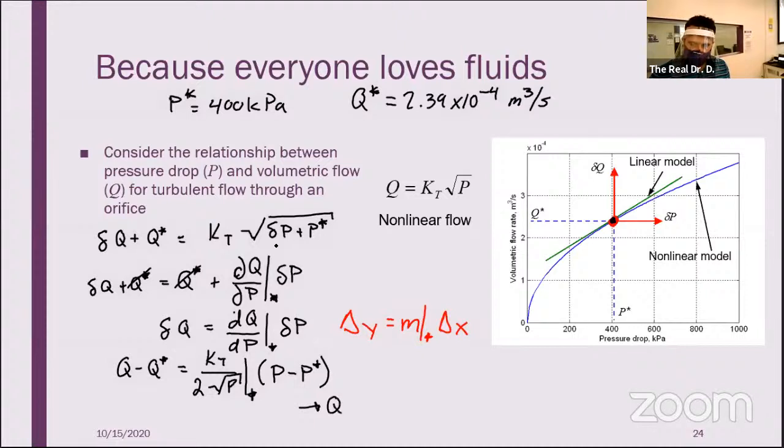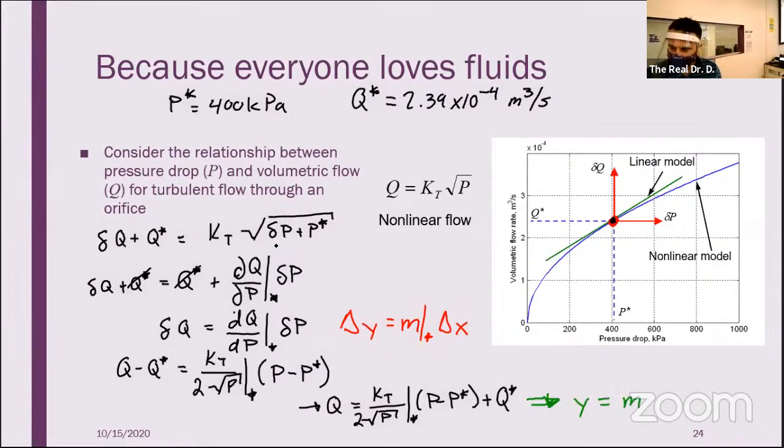So Q is equal to K_T over 2 times the square root of P, evaluated at star, times P minus P star, plus Q star. And I will submit to you that this is the same as this equation.